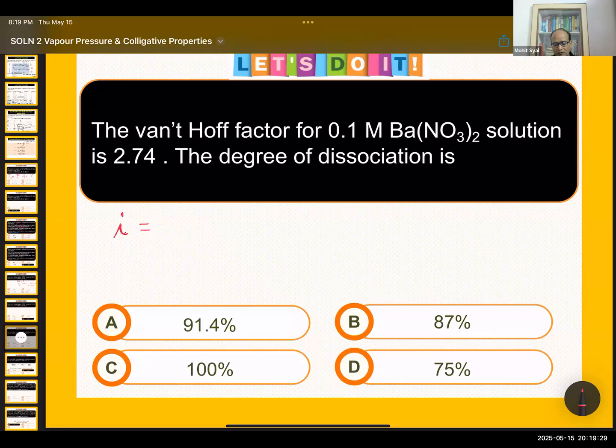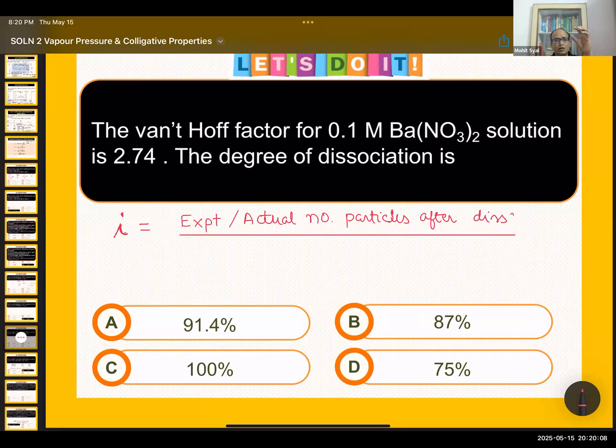You are going to take the actual number of particles experimentally observed, or actual number of particles which exist after association or dissociation, divided by the original number of particles.